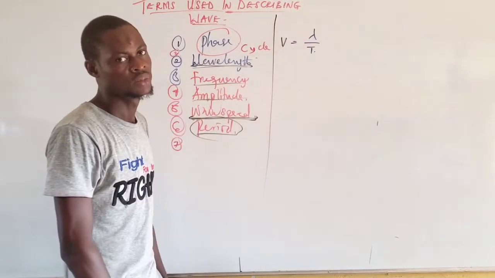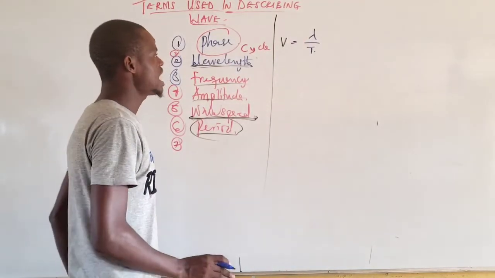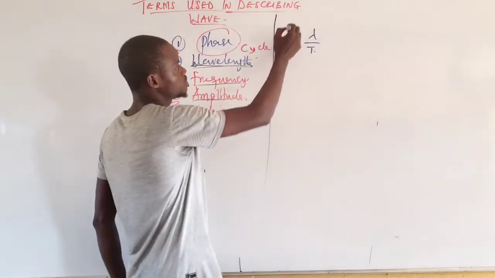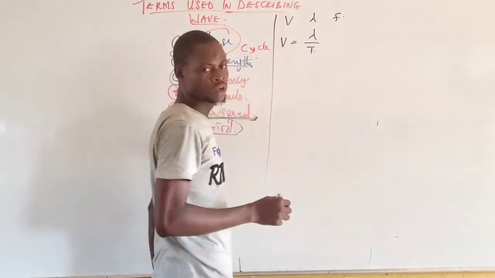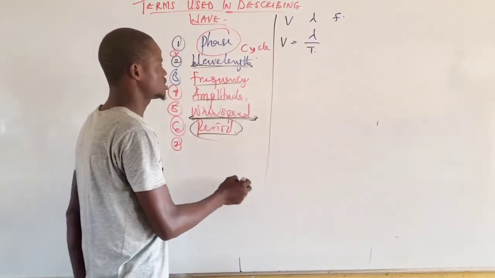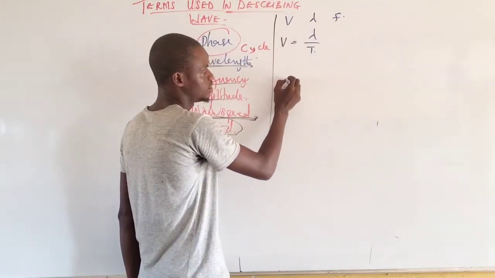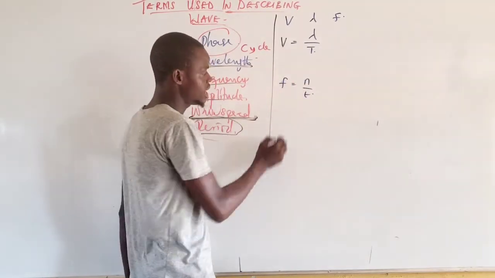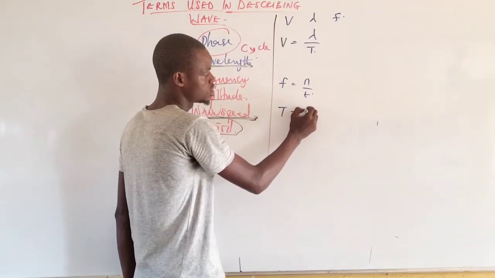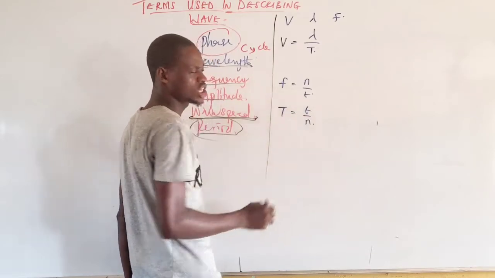The period T. Now here I want to show you the relationship that is formed between the wave speed, the wavelength, and the frequency of the wave. Coming back to this, I said earlier that my frequency is equal to the number of oscillations per unit time, and my period is equal to time taken over number of oscillations.